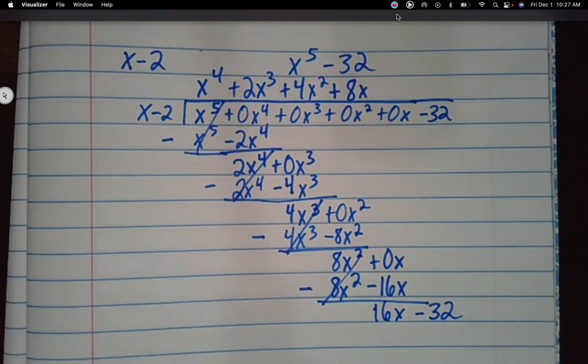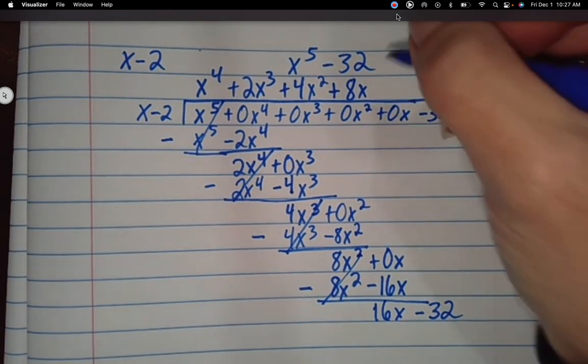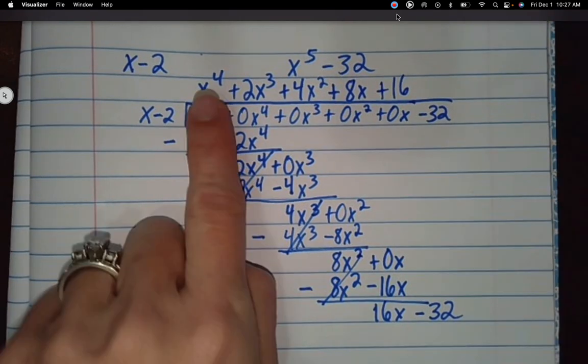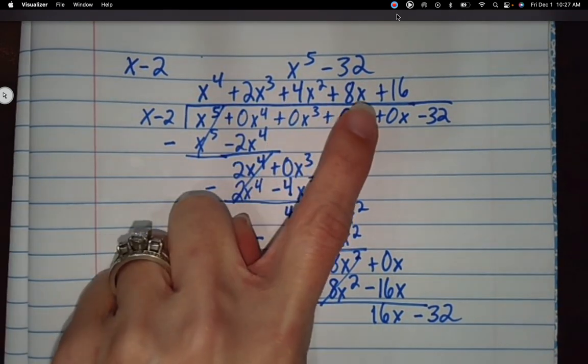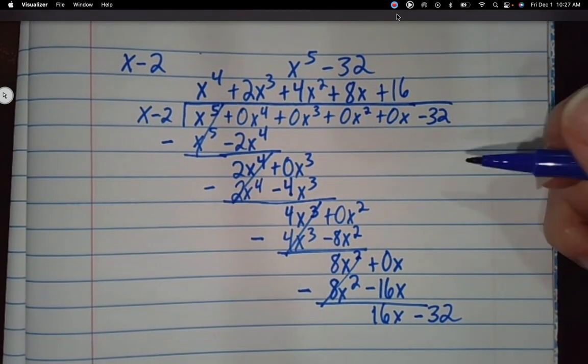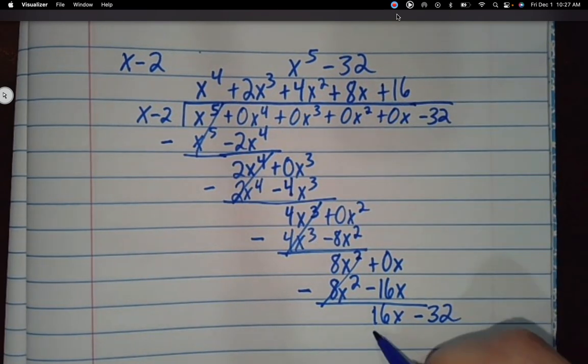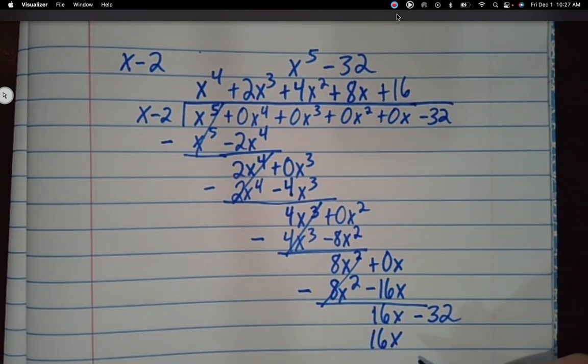This will be our last one. Okay? What number do I need? A 16. I don't need any x's, just the 16. And look, your answer. See how your answer is also in decreasing order? It should work out like that every time. So what's 16 times x? 16. And 16 times -2?